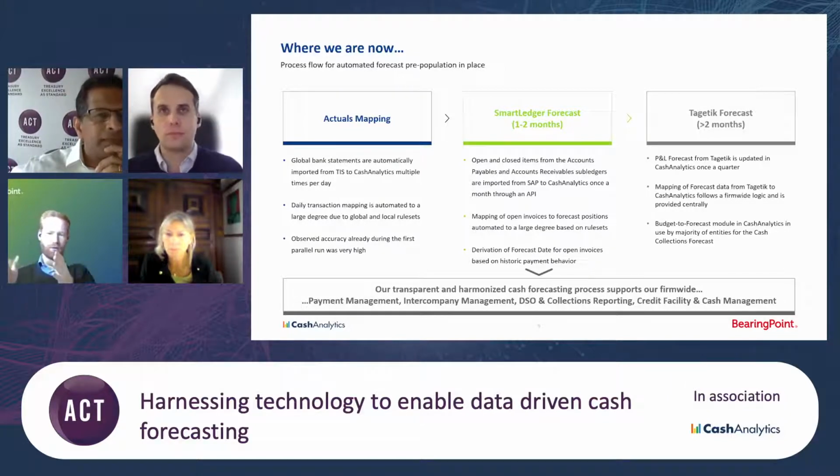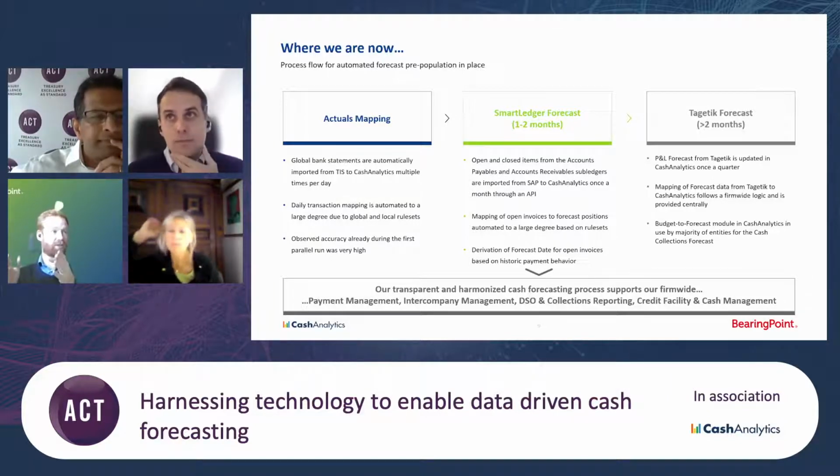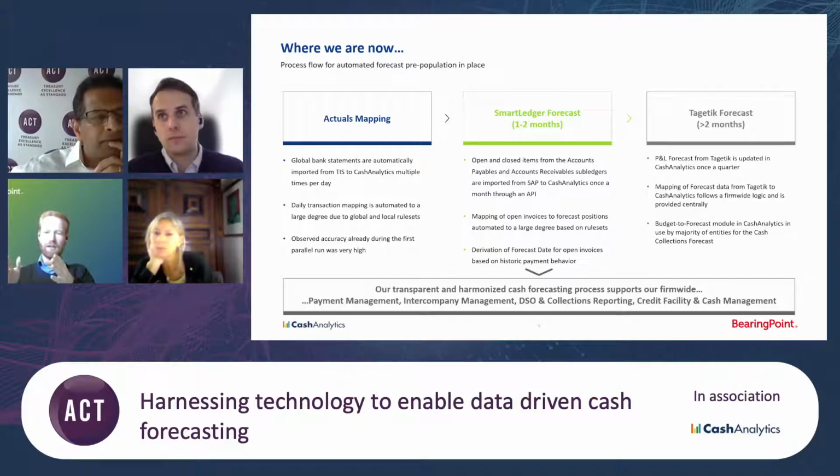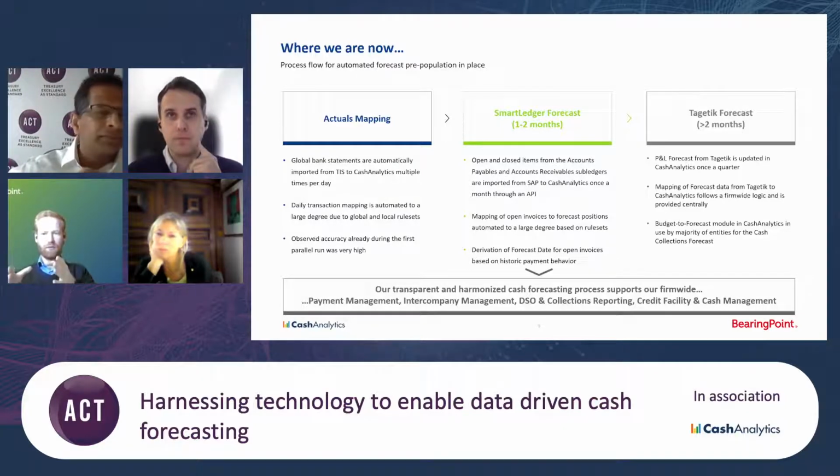So we're talking about the first 60 days, as this is round about our DSO, and to a large extent also our DPO. We have reliable accounts receivables and payable data in there. Also, this data is coming automatically from SAP, is being mapped using distinguished rule sets per entity, populating our forecast.